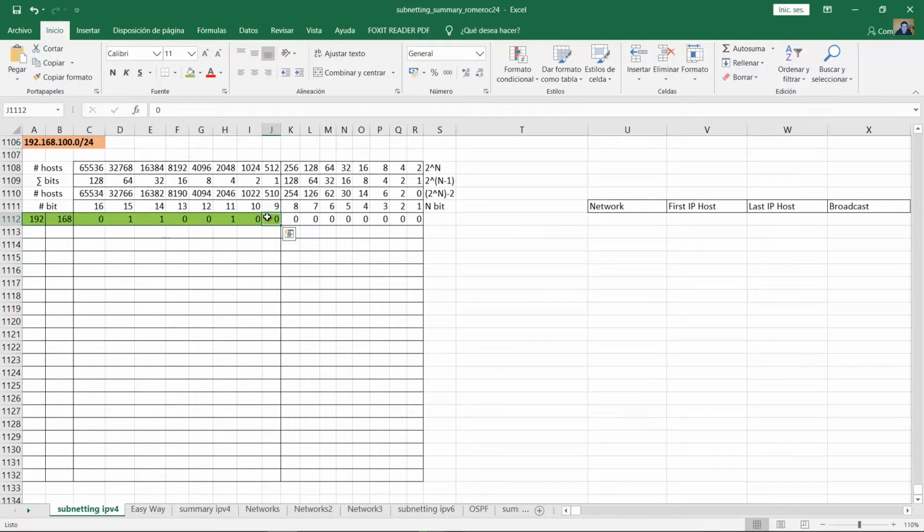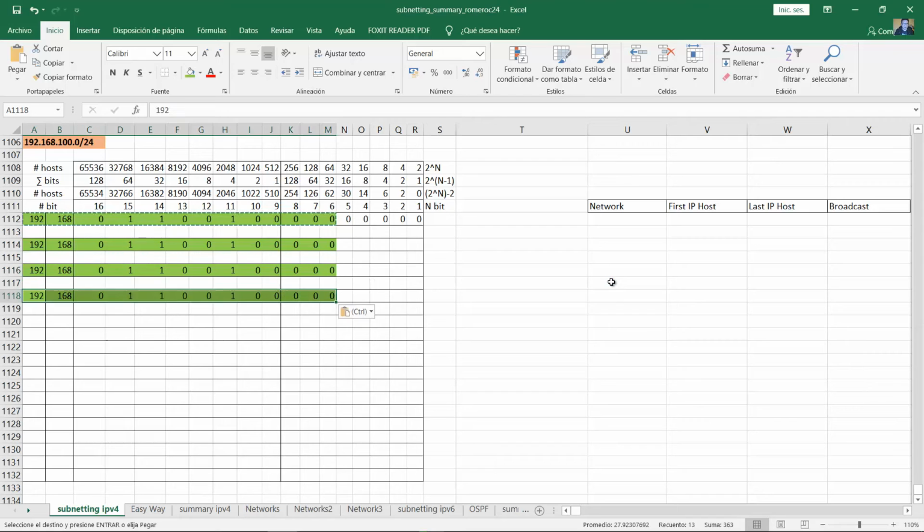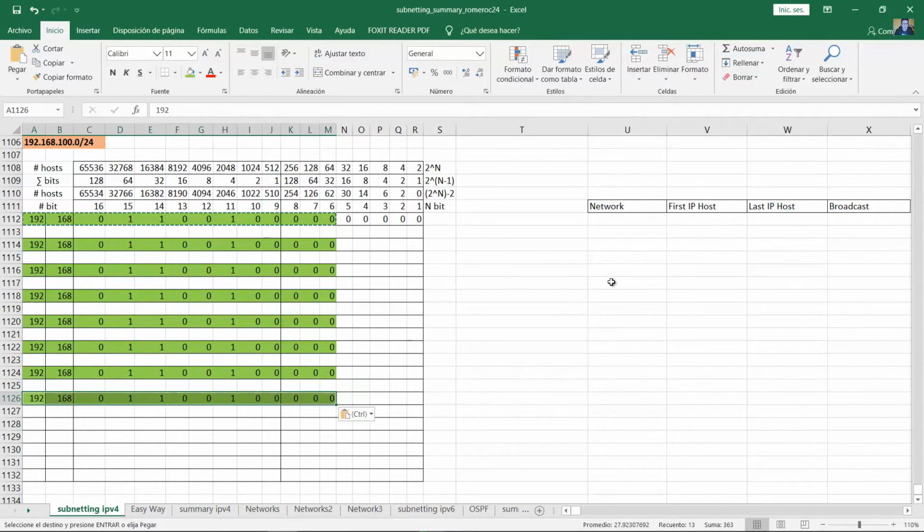The original is 24, but add 3 borrowed bits. Okay, and copy this. 8 subnets: 2, 3, 4, 5, 6, 7, and 8.